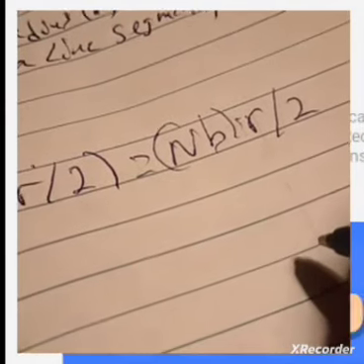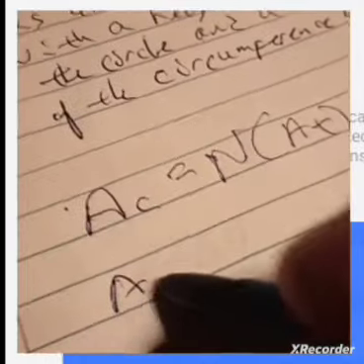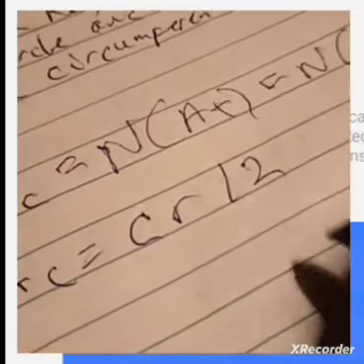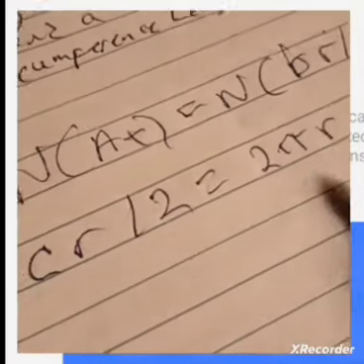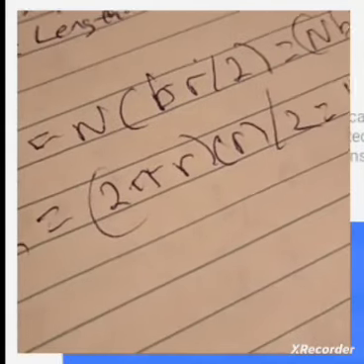Okay, and that could be written as n times b will give us the total length of the circumference. So put the area of the circle equals the circumference times r divided by 2, and that equals 2 pi r times r divided by 2, and you get pi r squared.